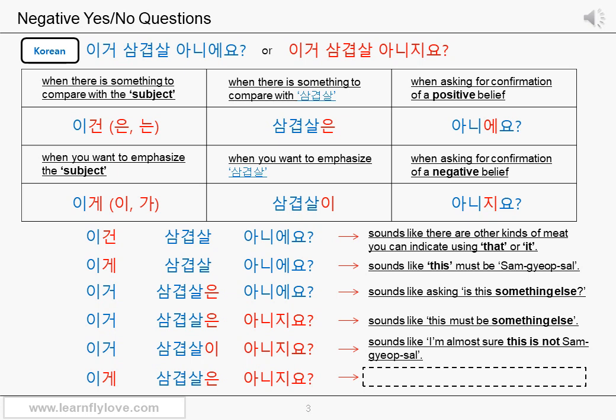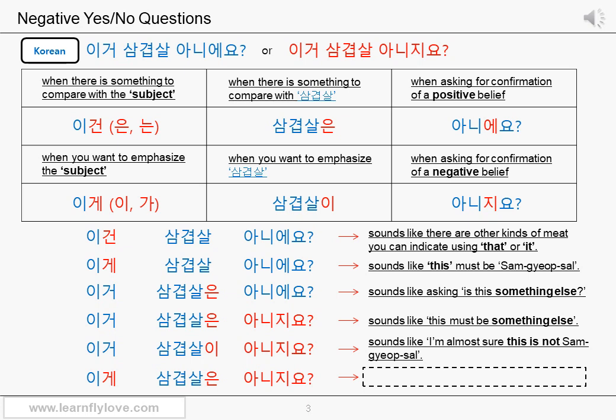이건 삼겹살 아니에요? It sounds like there is another loaf of meat in front of you, and you say, that one over there must be beef. This one, isn't this 삼겹살? 이건 삼겹살 아니에요? Sorry about the bad acting.